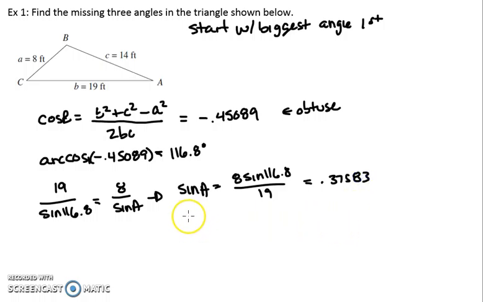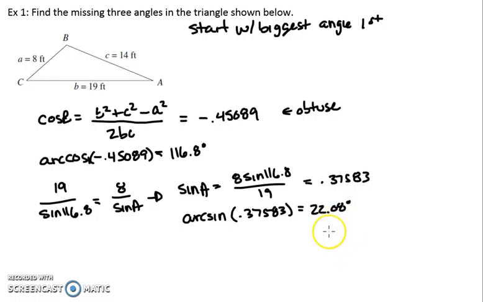So we can use our inverse sine of that decimal, and we're going to figure out that that is 22.08 degrees.